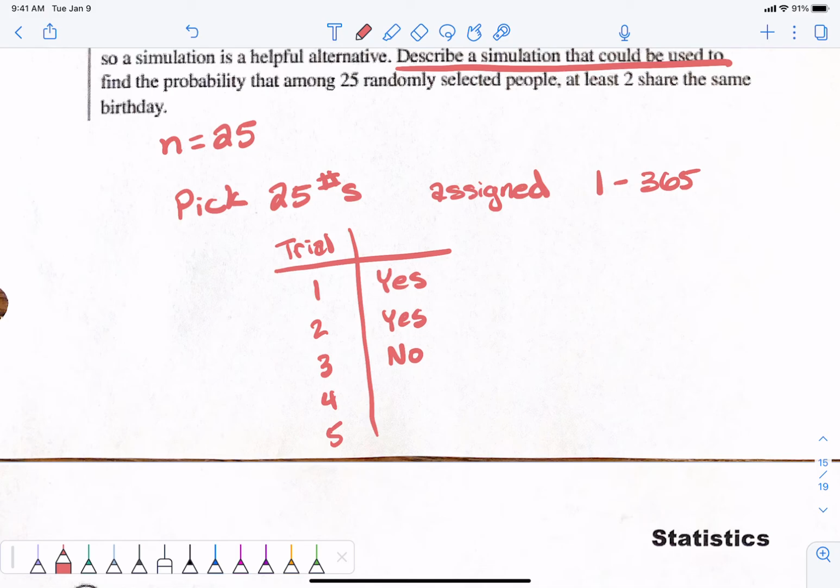Nope. Number 4 was a no. Number 5. Here's the last one. Any matching ones? Yes. 122? 86 and 86, and 122. So 5 was a yes. How did this happen? This is weird. We're just lucky. I'm going to go buy a lottery ticket when I leave here.